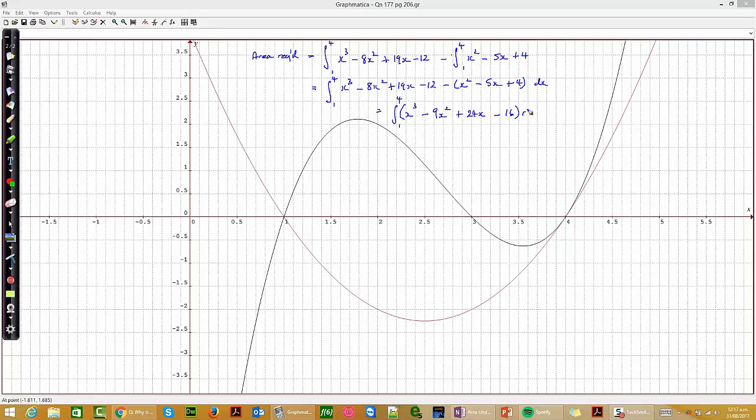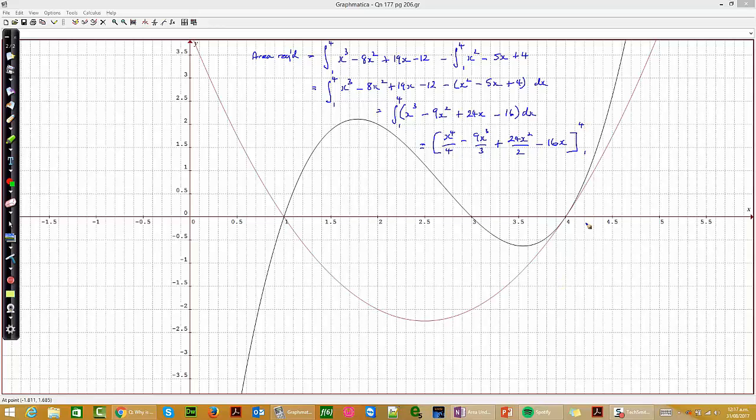So this area should be equal to this definite integral. If we integrate, these are all parts of a polynomial, so we just integrate by using the basic power rule. It's a definite integral, so we don't need the plus c.